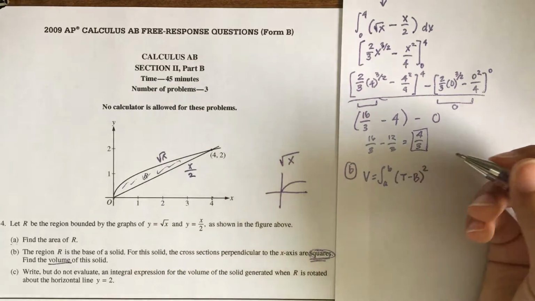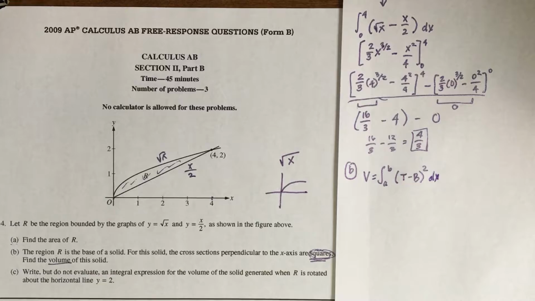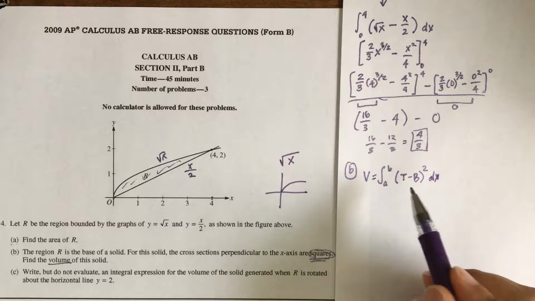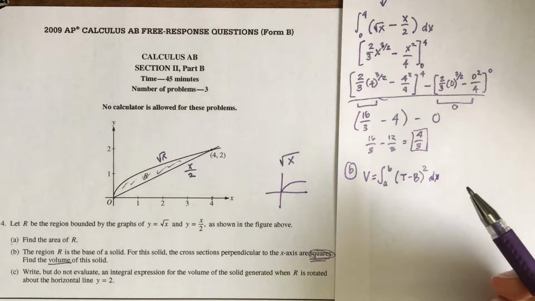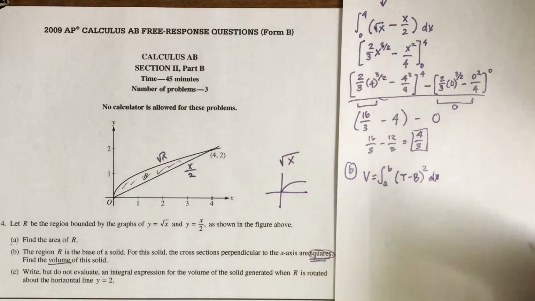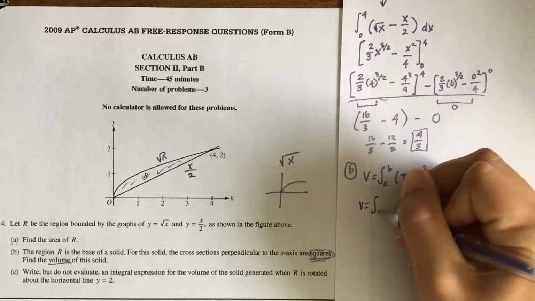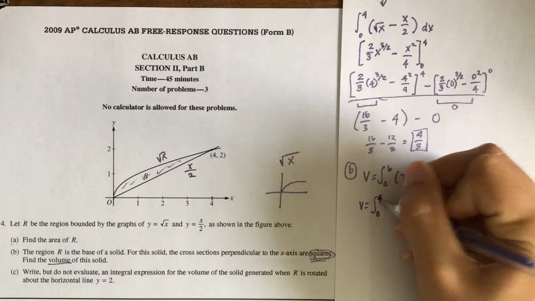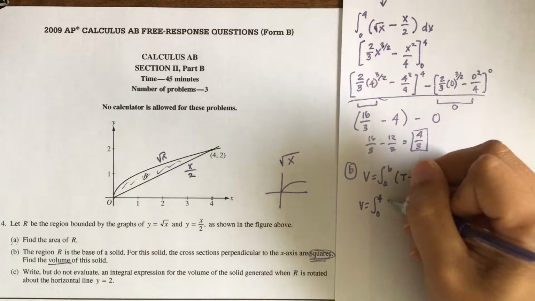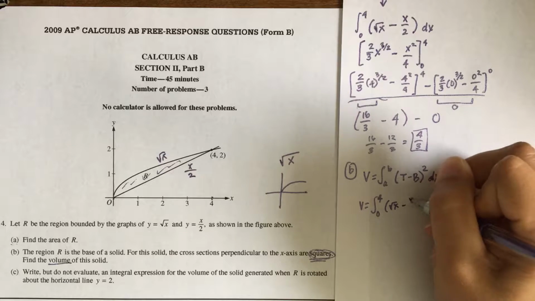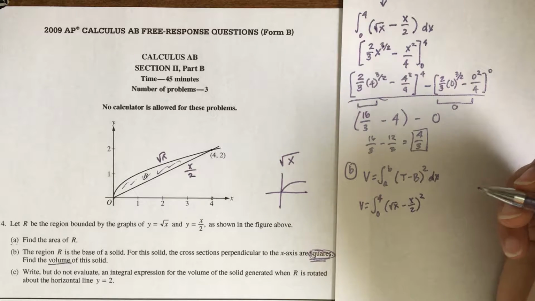So this is the general formula for cross-section of a square. So now we're just going to plug in what we have. So the volume is going to equal, same limits, 0 to 4 of root x minus x over 2, squared.